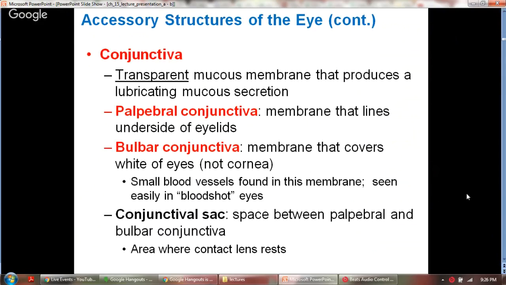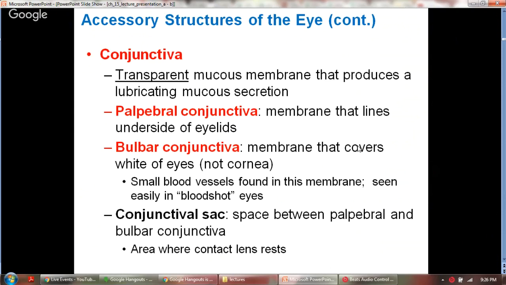The accessory structures of the eye include the conjunctiva. The conjunctiva is a transparent mucous membrane which produces a lubricating mucus secretion. The palpebral conjunctiva is a membrane that lines the underside of the eyelids.